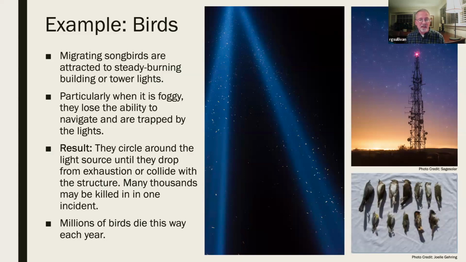And there are records of particular incidents where many thousands, I think probably a lot of you heard about McCormick Place and the mortality they had there from birds flying into the building lights, the windows at night. But there have been instances where there have been 20 or 30,000 birds killed in one night around a transmission tower or other very tall structure that has guy wires around it.